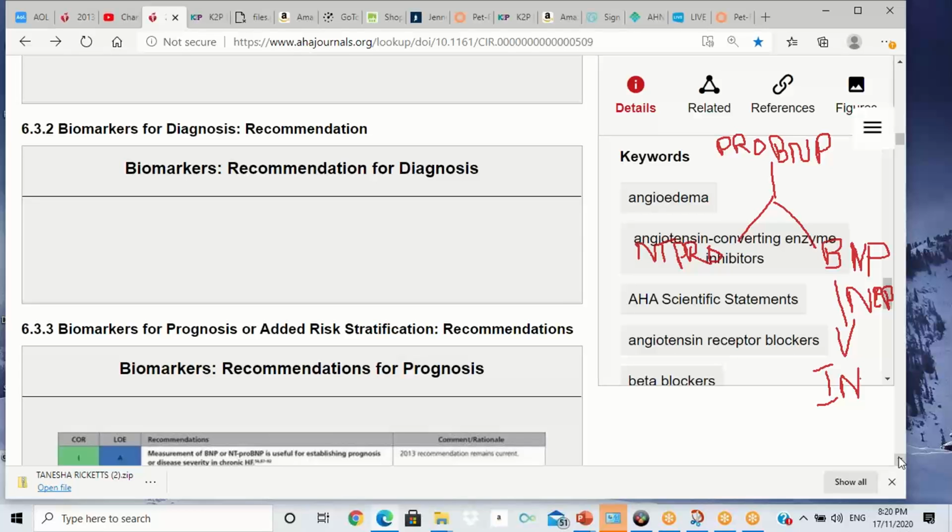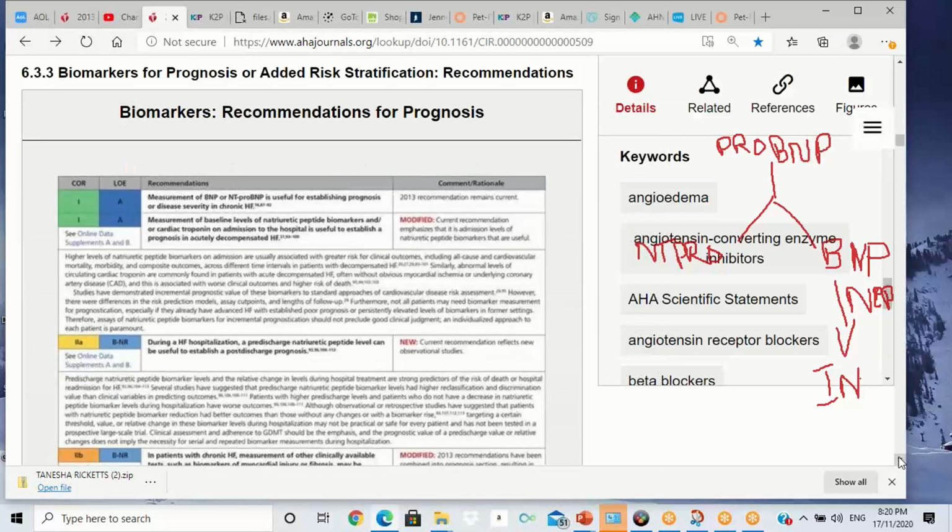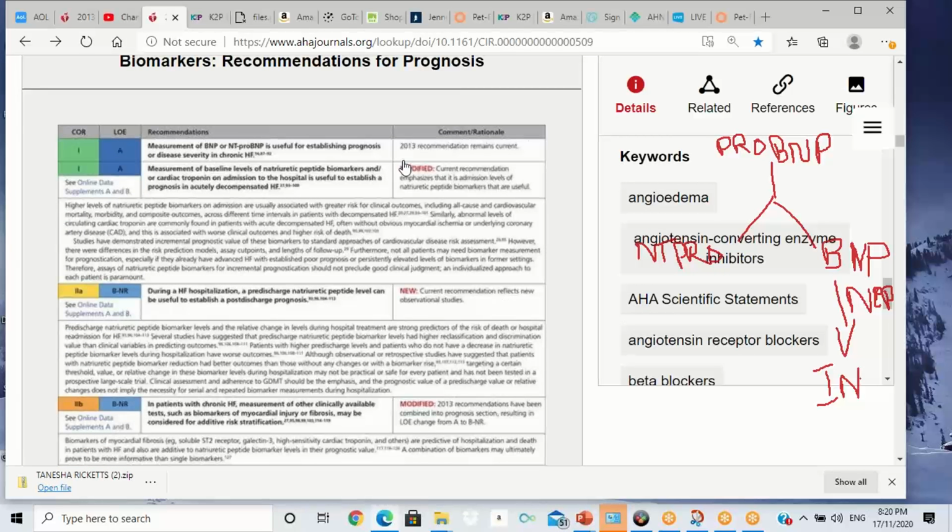Now, when you see modified, that means the guidelines are modified since 2013. When the patient comes in, a class 1 recommendation is the measurement of BNP or NT-proBNP to establish prognosis, or to look for disease severity in chronic heart failure.